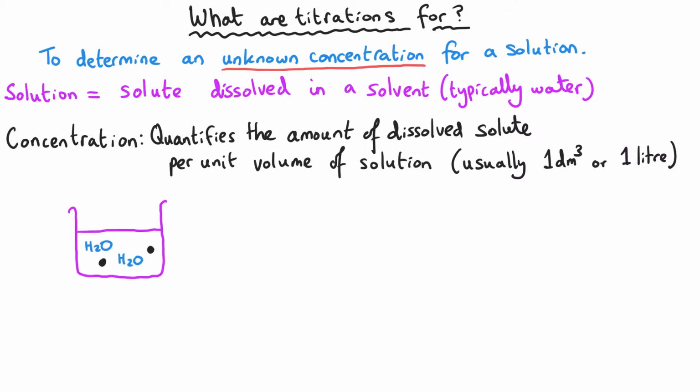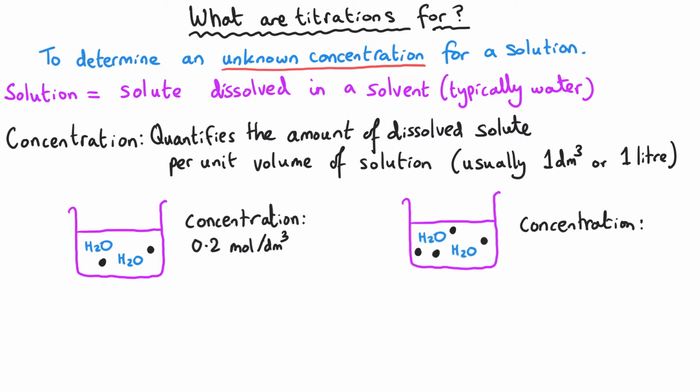So for instance, on the left-hand side here, I've got a solution which is in a beaker, which is mostly going to be water, and I'm drawing a couple of particles to symbolise the solute that is dissolved in the solution. Solutions are typically measured in moles per cubic decimetre, and so let's say this solution on the left is 0.2 moles per cubic decimetre.